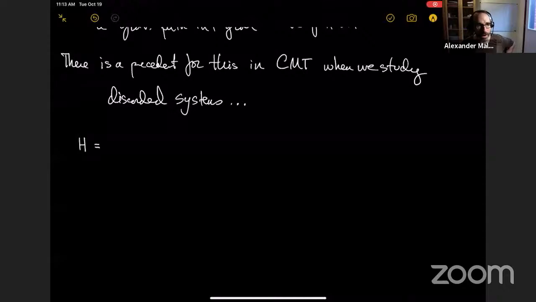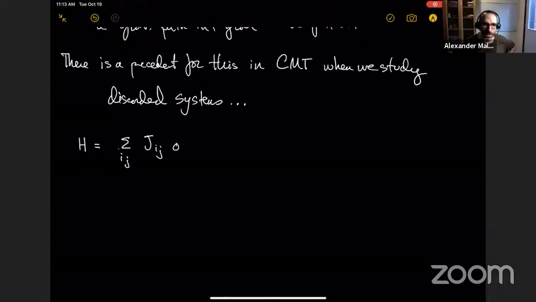Here I've written down the Hamiltonian of the Ising model, where we have a bunch of spins that are interacting via some couplings that I've called Jij. Now, in the traditional Ising model, these Jijs would all just be some constant. This is an exactly solvable system that you all probably know quite well.